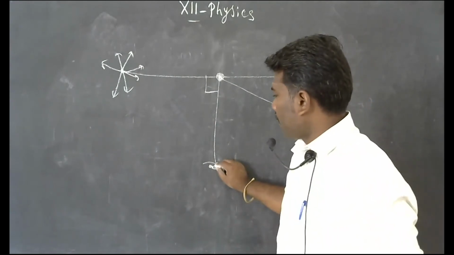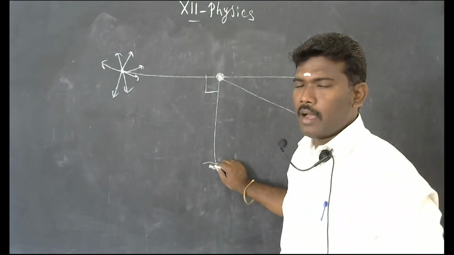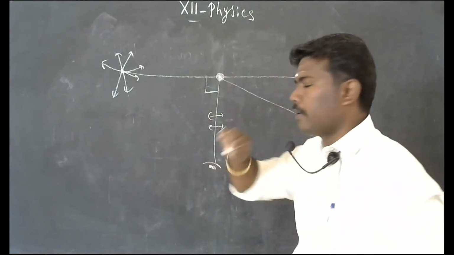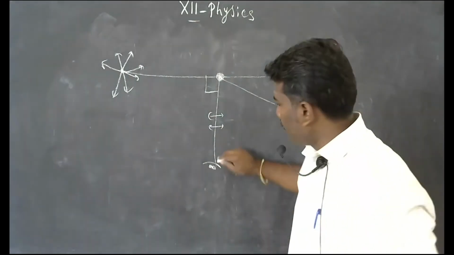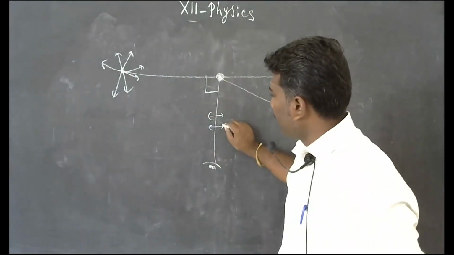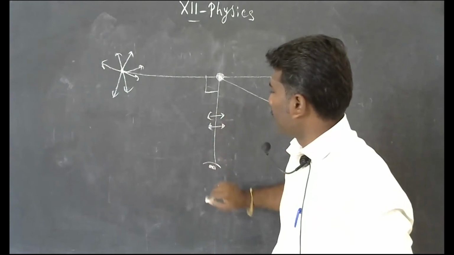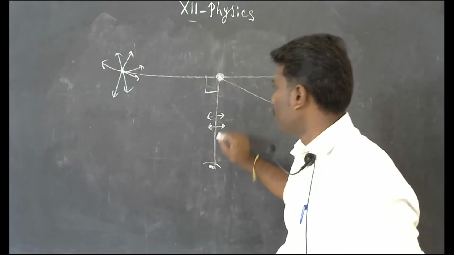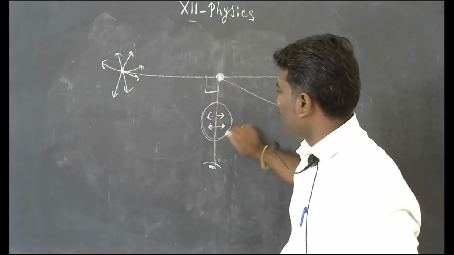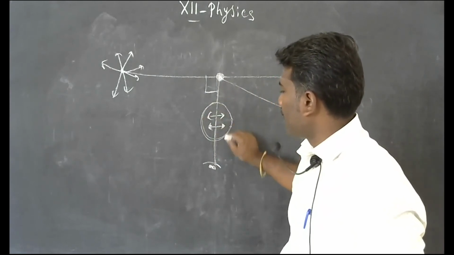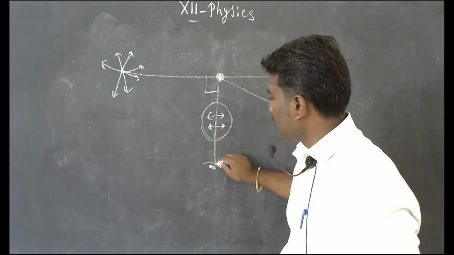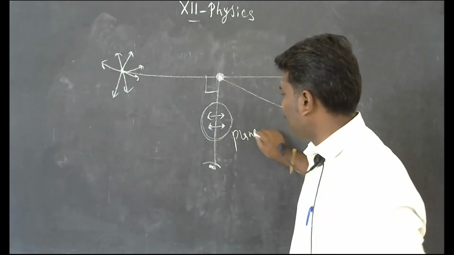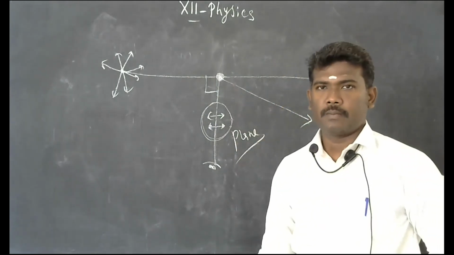And here you receive some of the light ray, and that vibration is perpendicular to our view direction. Here our view is in this direction. The vibrations in this particular path are perpendicular to the path of the view. So definitely the light ray which is reaching our eye is completely plane polarized.